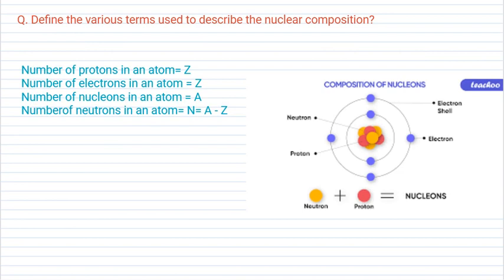So to summarize, I can write down that the number of protons inside the atom is denoted by capital Z. Right? So if there are Z protons inside the atom, then how many electrons should be there? Now to know the number of electrons in the atom, first we have to assume that our atom is stable.